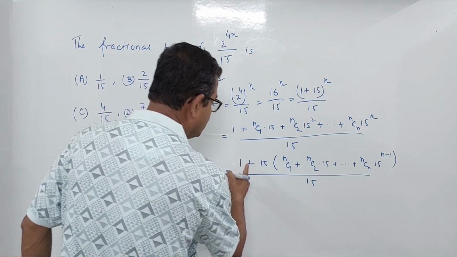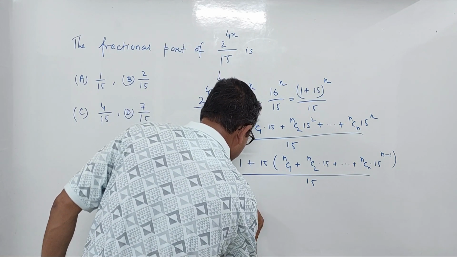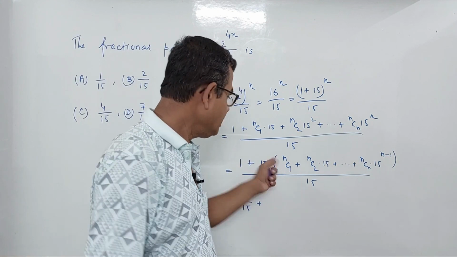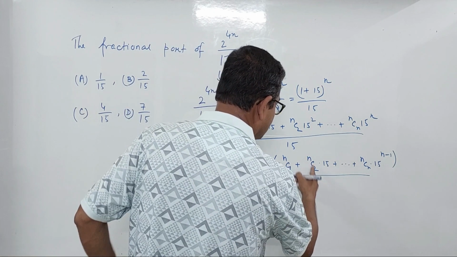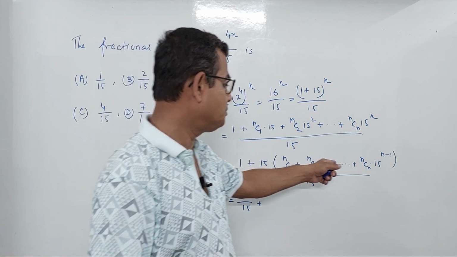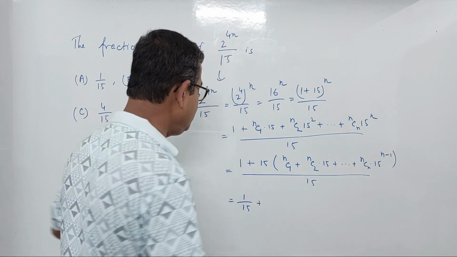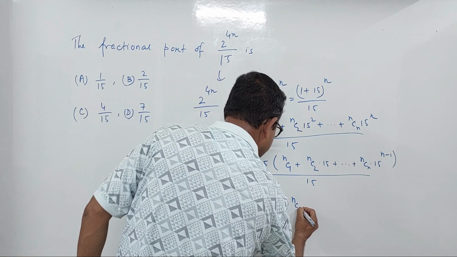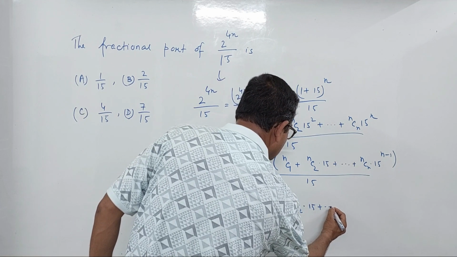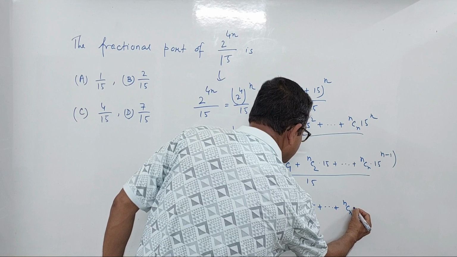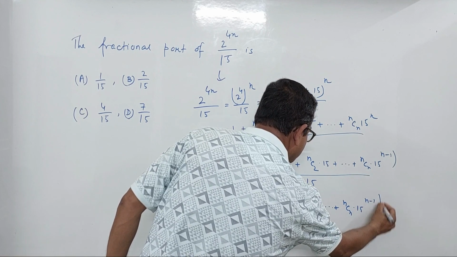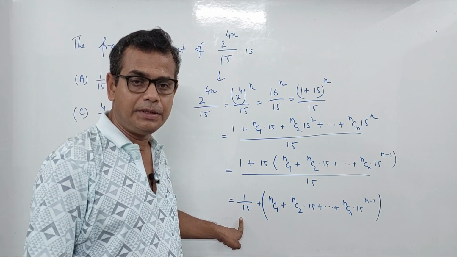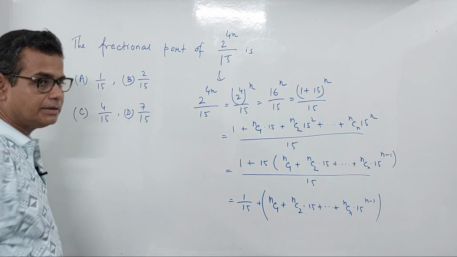Now 1 by 15 plus, we can cancel out 15 by 15, so we can write nC1 plus nC2 into 15 plus ... plus nCn into 15 to the power n minus 1. Now the fractional part obviously is 1 by 15, so A is the right answer.